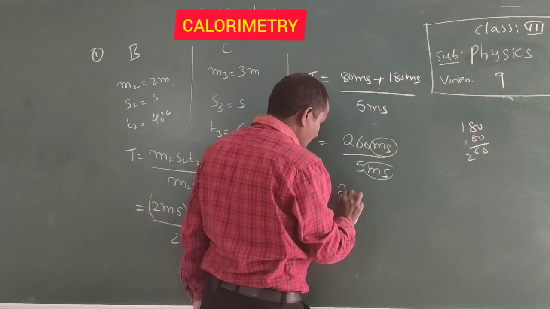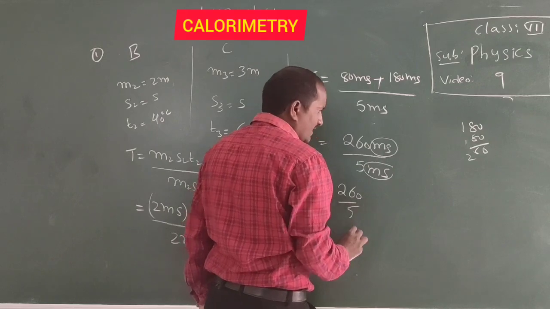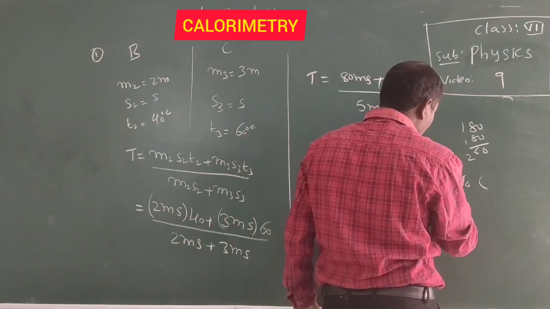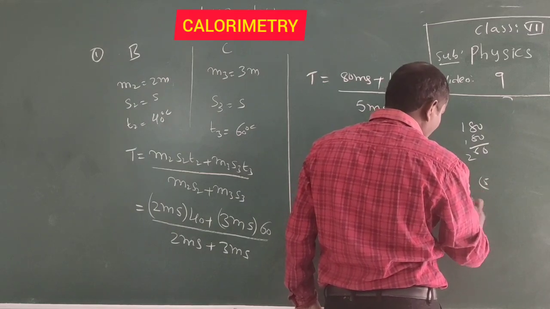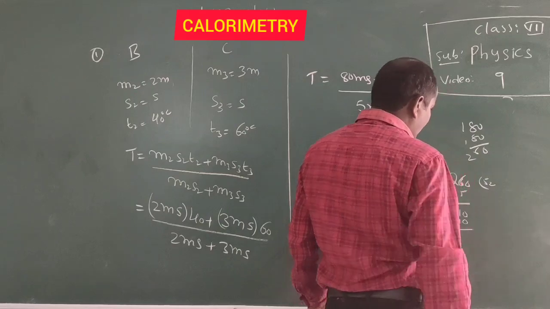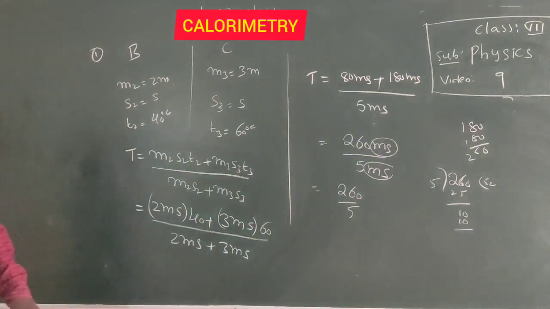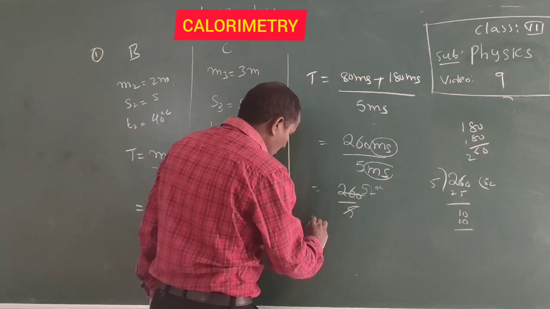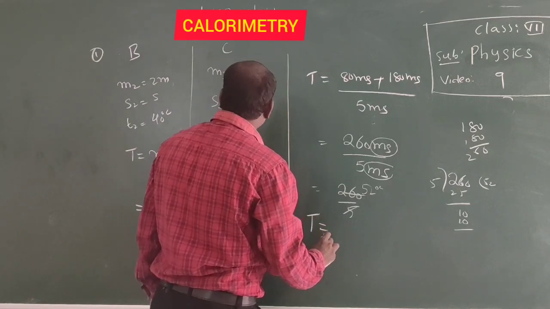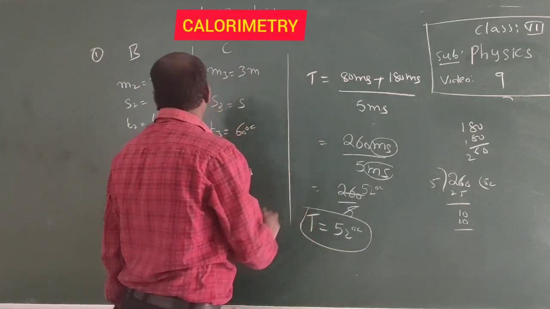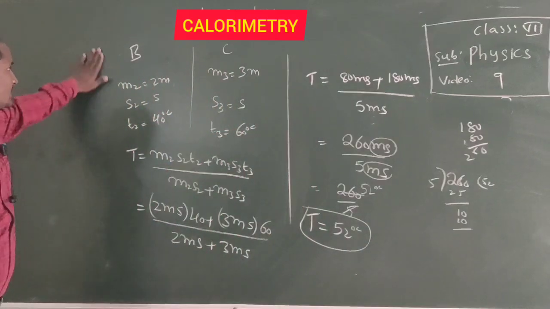That equals 260 by 5, which is 52 degrees Celsius. So the resultant temperature of B and C is 52 degrees Celsius.